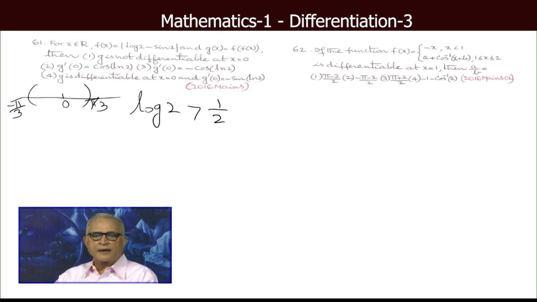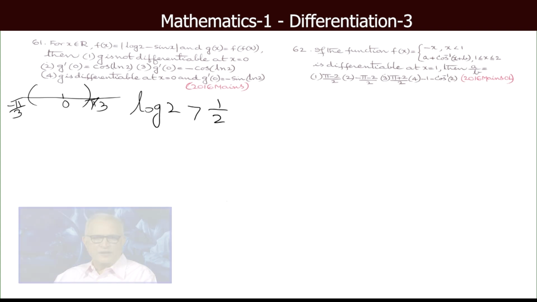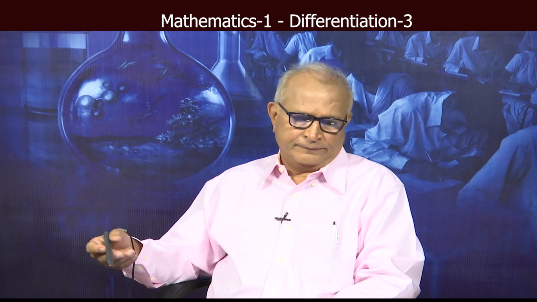Because 2 is greater than square root e. Square root of e, 2.732, something I think less than 1.4, 1.5 is 2.25, 1.6 is 2.56, 1.7.